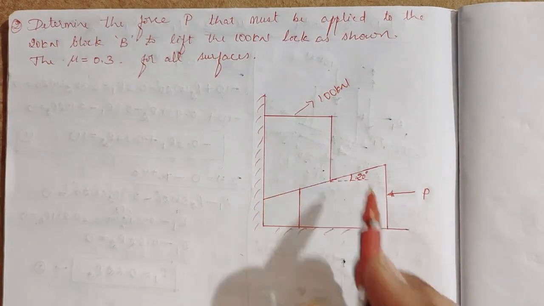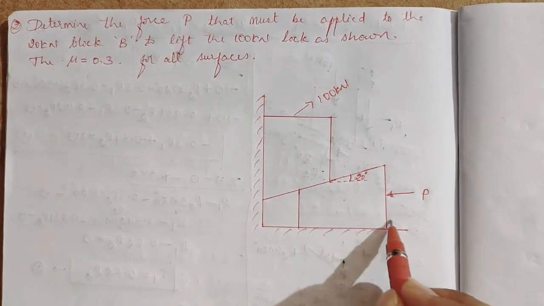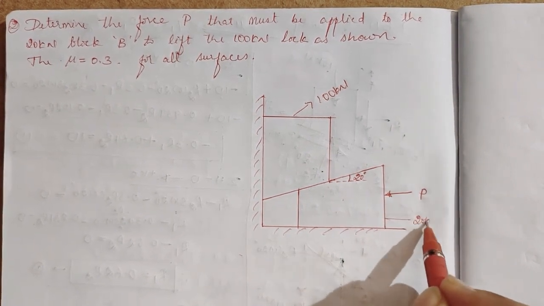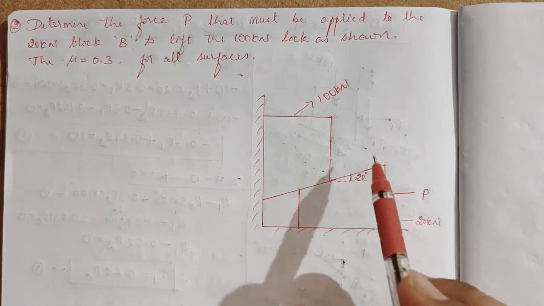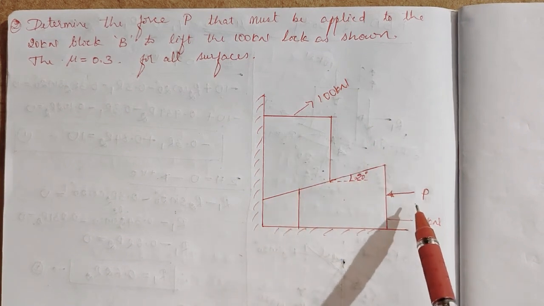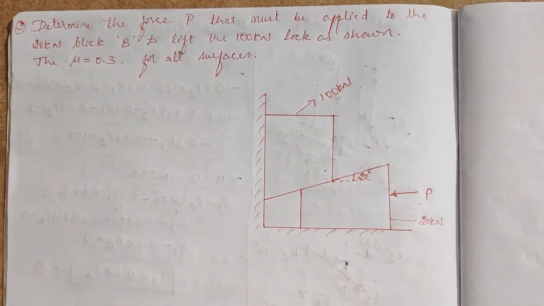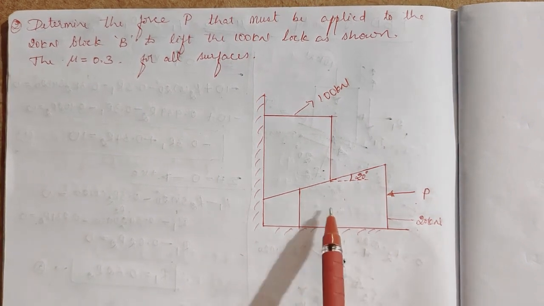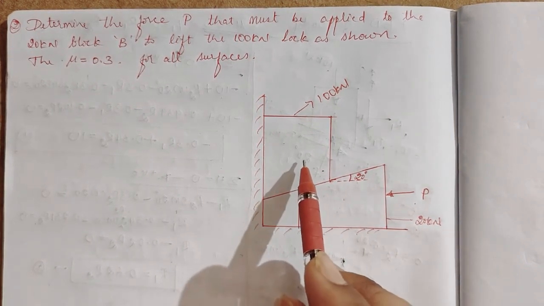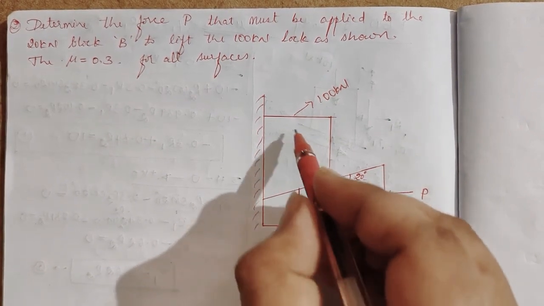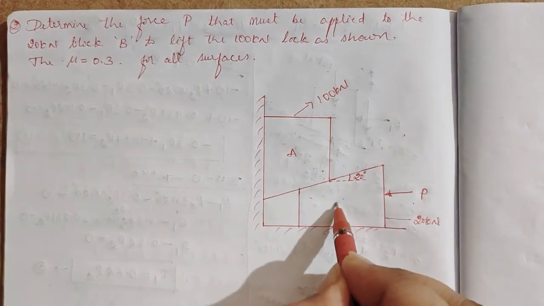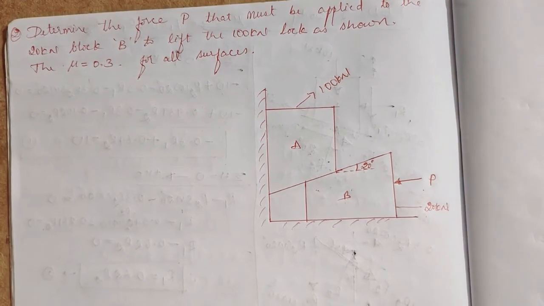This should be lifted by this 20 kilonewton block. So what is the force needed? Determine the force that should be applied so that this block should carry this 100 kilonewton weight block. Let this be A and this be B.